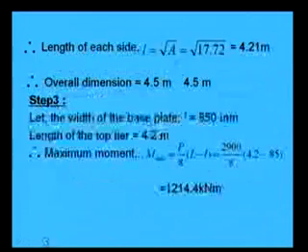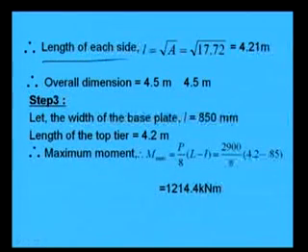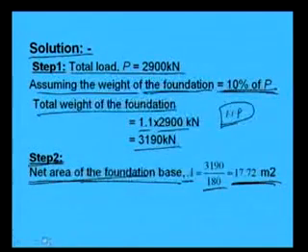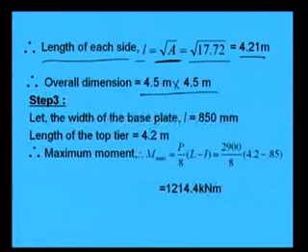So, length of each side will become L is equal to, if we are providing square size, square root of 17.72, that is becoming 4.21 meter. So, say in place of 4.21 let us provide overall dimension 4.5 by 4.5 meter, right. So, size of the foundation base we are going to get as this 4.5 by 4.5 meter.